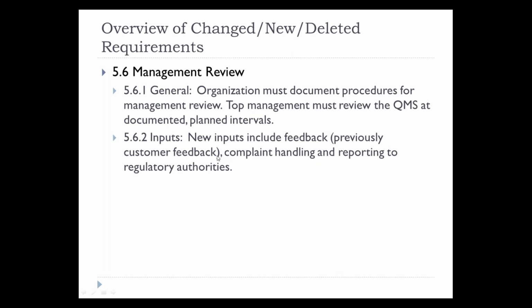So this could include feedback from your suppliers, feedback from the regulatory authority, feedback from your certification body, feedback from other interested parties, feedback from industry or trade associations. I hope that answers your question, Sabrina. Feedback from servicing.